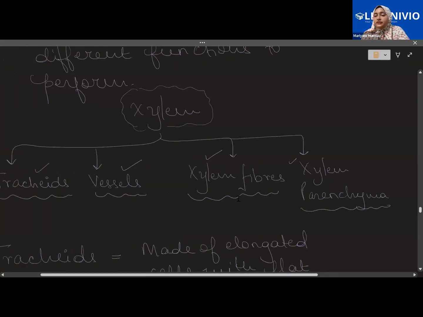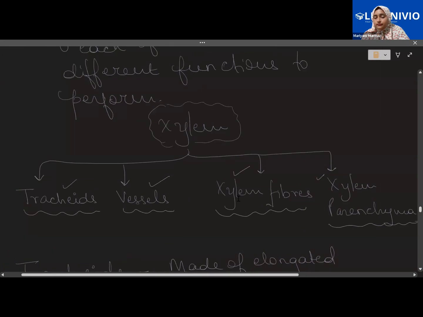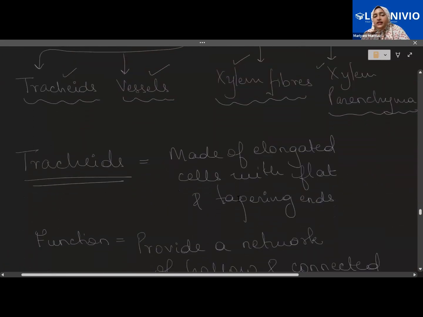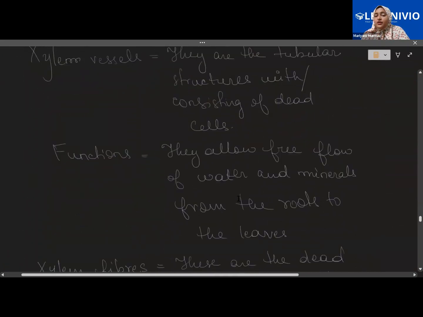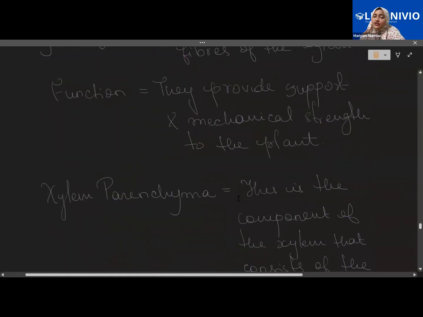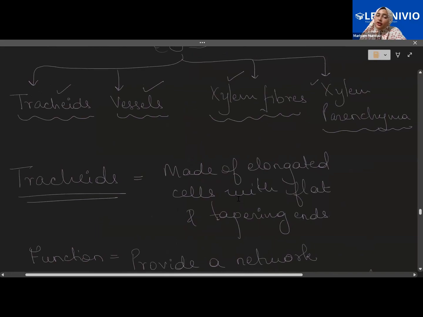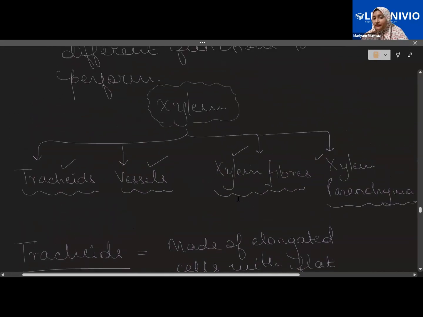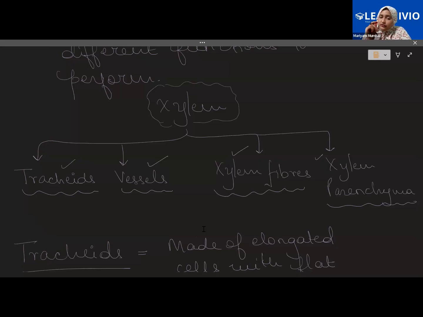Any doubts up until now? No, ma'am. Now see, each of these components has its own particular structure and its own particular function to perform in the plant. But all in all, you should know that if the xylem is responsible for the conduction of water and minerals, then the tracheids, the vessels, the xylem fibers, and the xylem parenchyma will support that function.